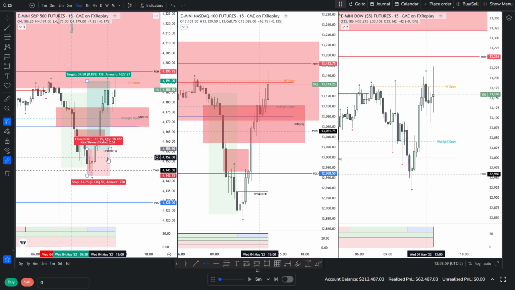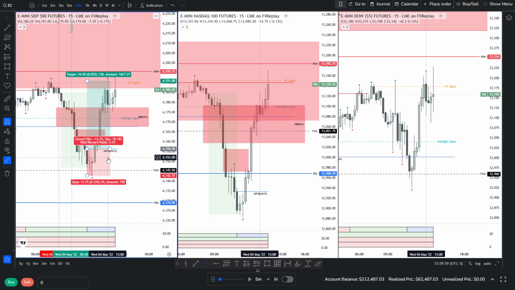If our setup sets up, we take the trade, and this is a perfect example where that occurred. That absolutely occurred. Something to bear in mind, eh?